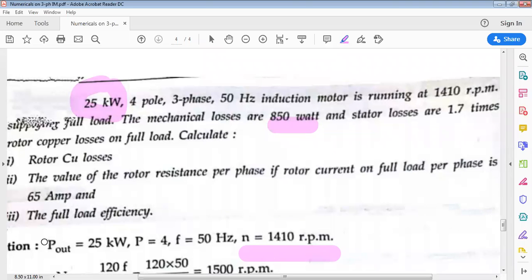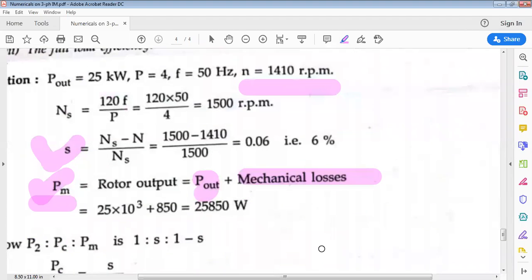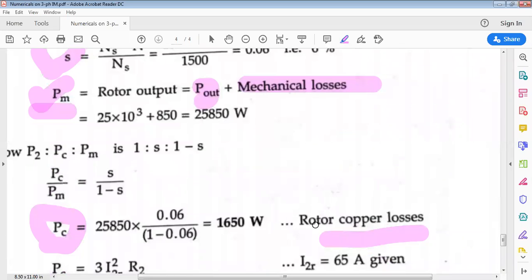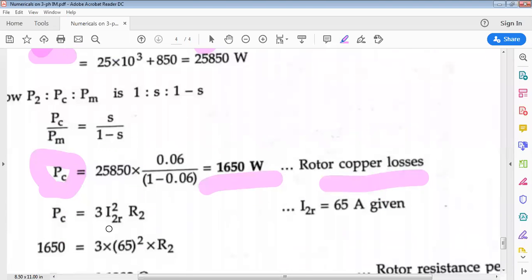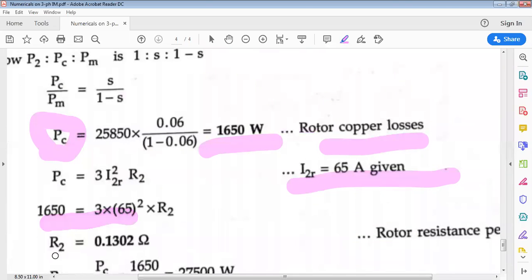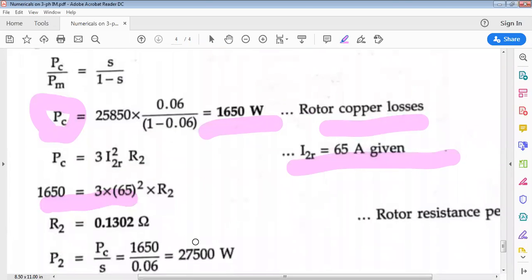So for star connection, line and phase current are equal. So rotor copper loss we got: 3 I2 squared R2 is equal to the total copper loss. So this 65 ampere is given, and using this you can calculate rotor resistance per phase.